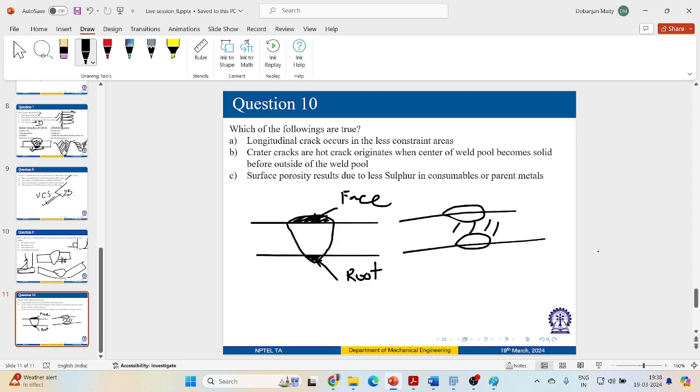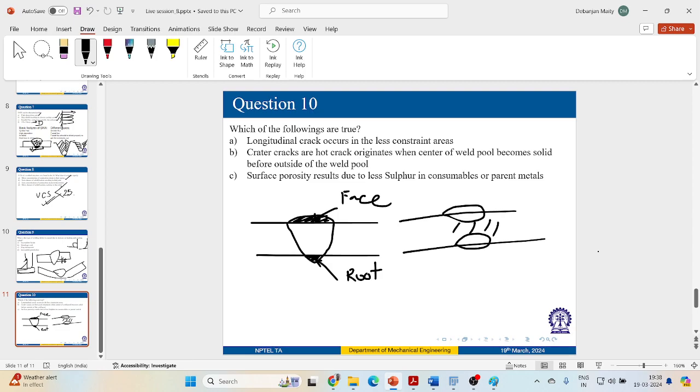And then in terms of cracks, which I was talking about, there are a lot of cracks that may generate, depending on wherever they are generating. It can be longitudinal, it can be transverse, it can be crater crack, throat crack, it can be hot crack, it can be cold crack.